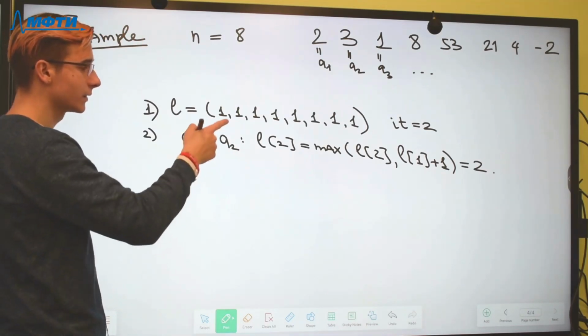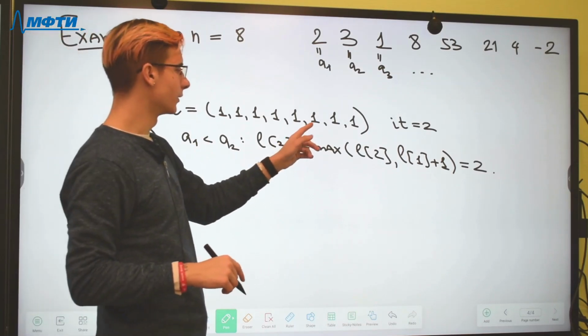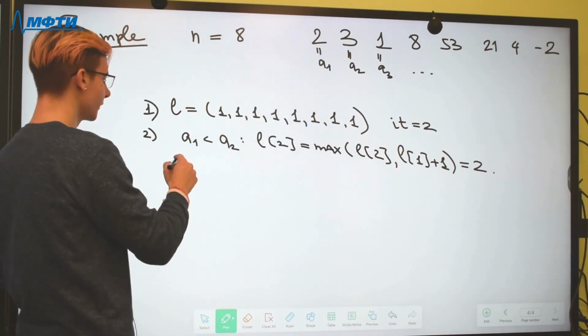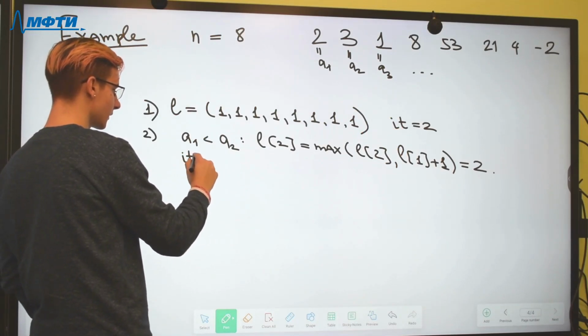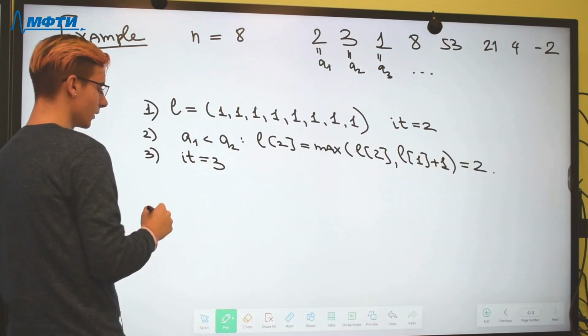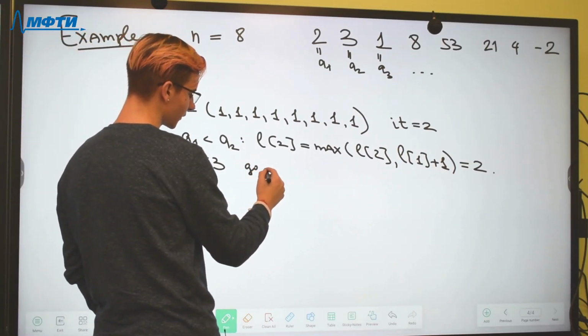Then we end this step because we got this number. Then we set the iterator equal to 3 and go to step 2.